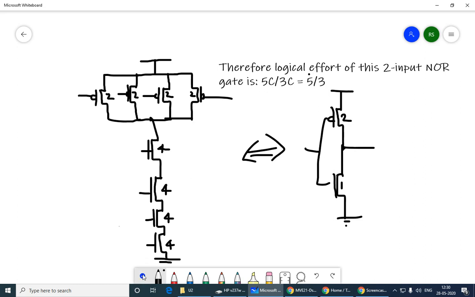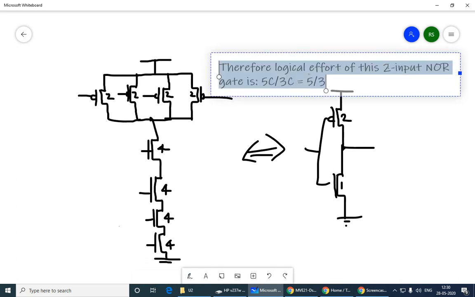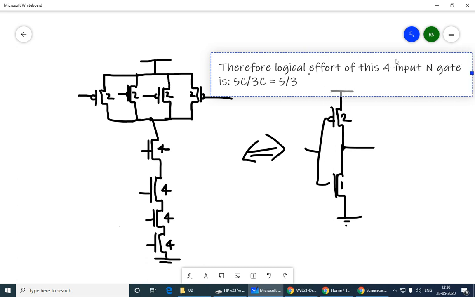Therefore, coming back to this statement, the logical effort of this 4 input NAND gate is the numerator, 1 PMOS plus 1 NMOS, total of 4 plus 2 is 6C, divided by, stays the same, 3C, or it is 6 by 3.